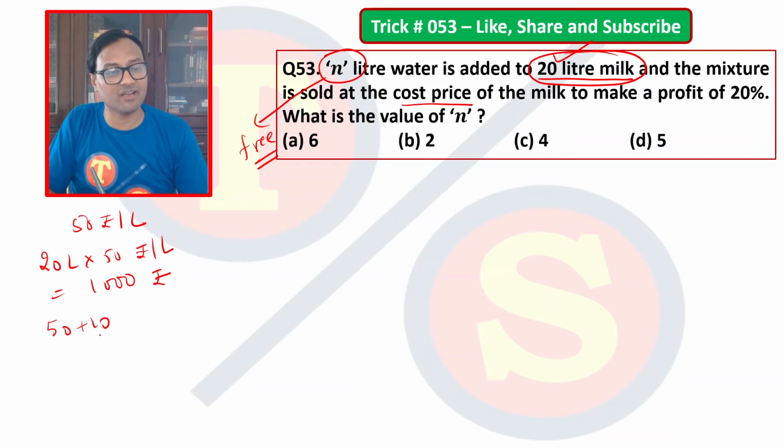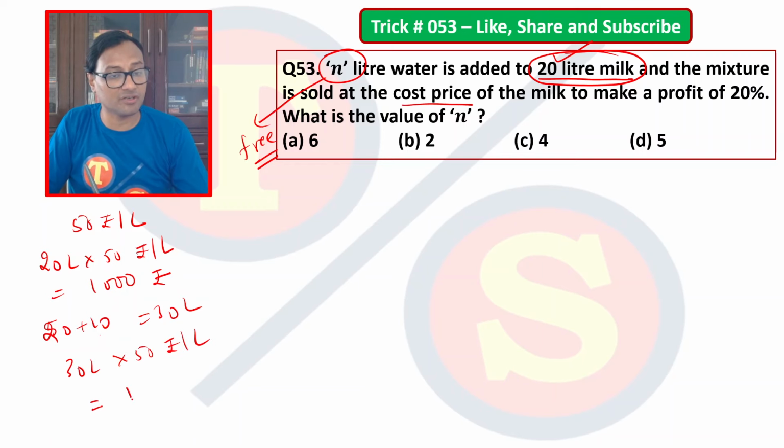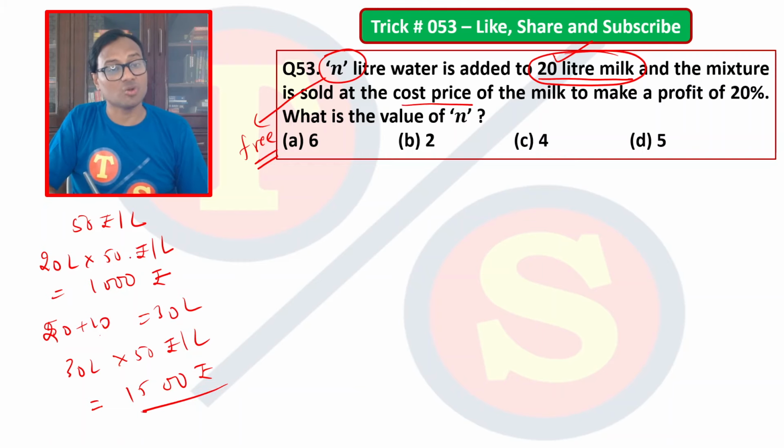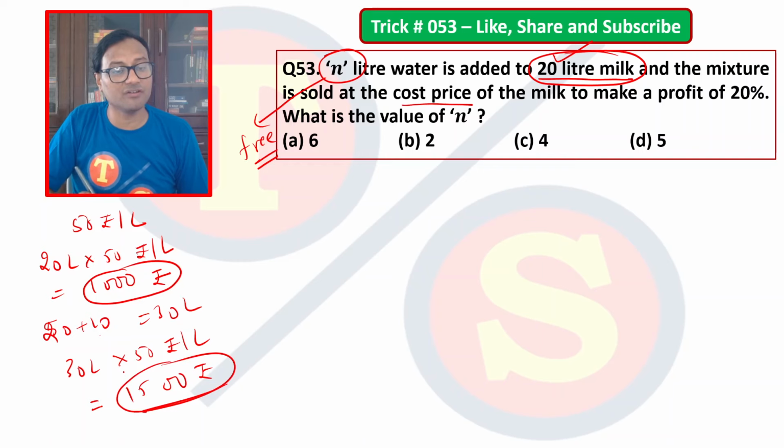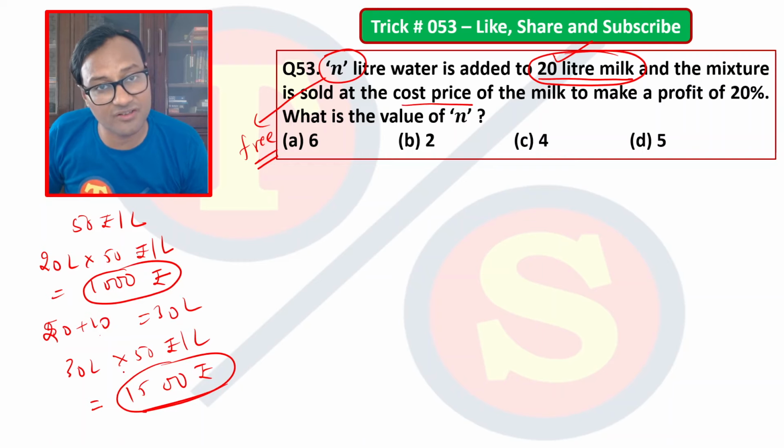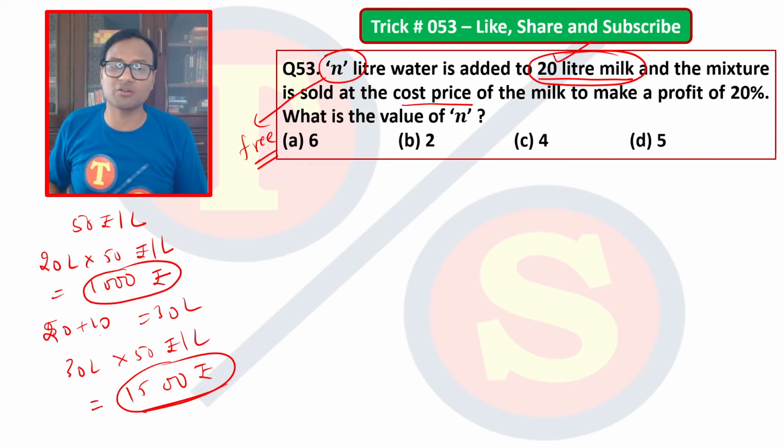Suppose I add 10 liter of water in milk, so it becomes a mixture of 30 liter. Now this 30 liter I will sell again at the same rate, 50 rupees per liter. So I will have a total collection of 1500 rupees. So earlier I spent 1000 rupees, but now I am earning 1500, means there is a profit of 500 rupees. So in this way you can calculate it.